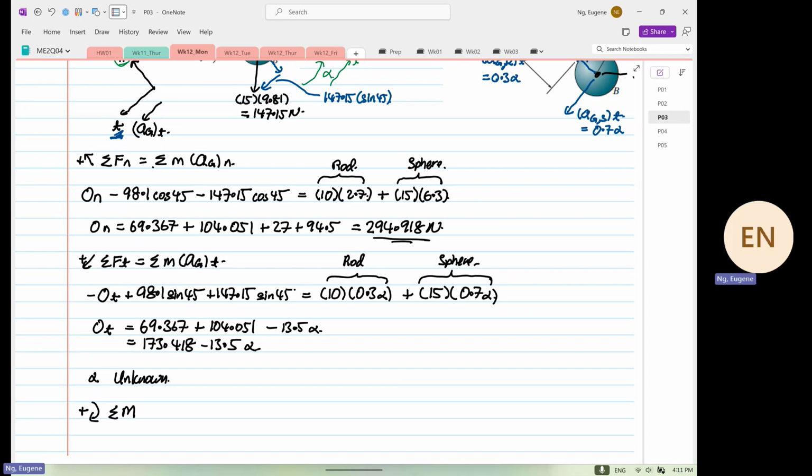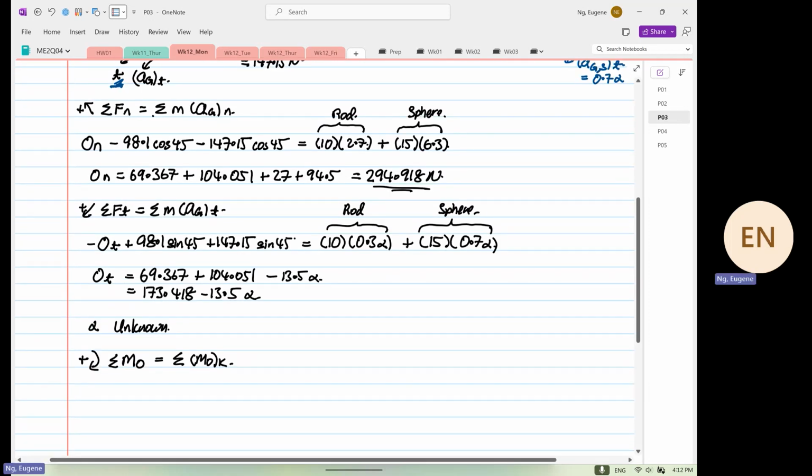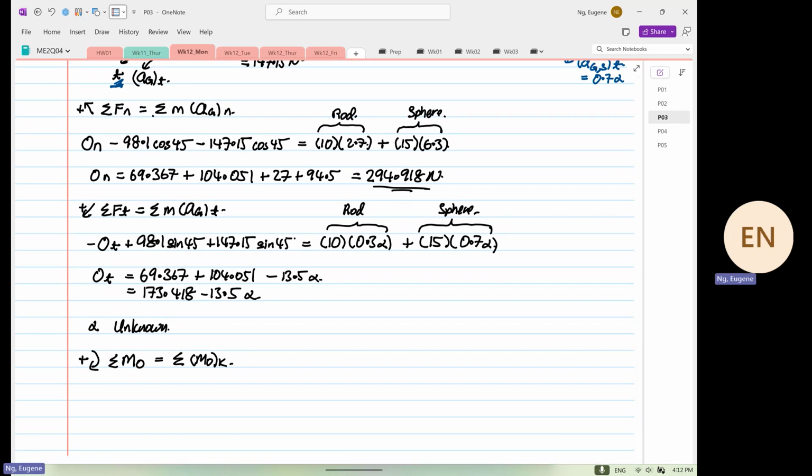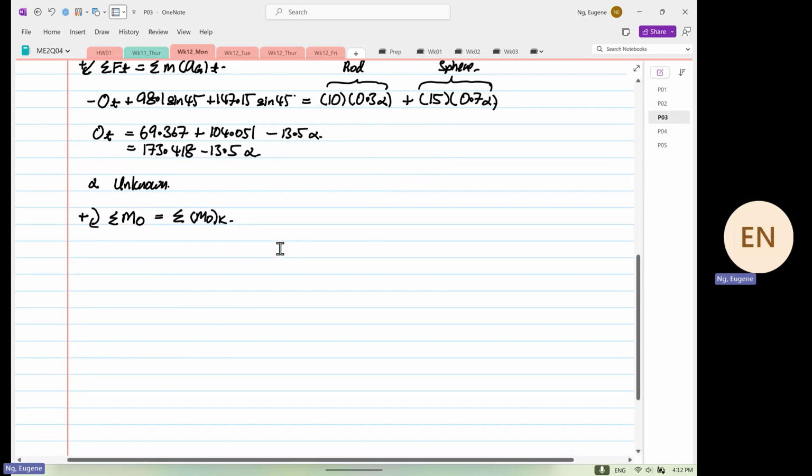Summation about moment at point O, kinetic. I'm just going to pick clockwise to become positive for no reason, because later on, if I were to put anti-clockwise, I think both sides will cancel out. So we go from there.